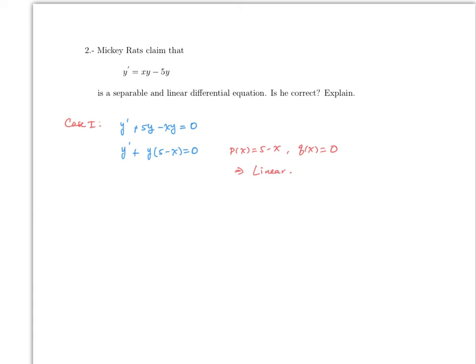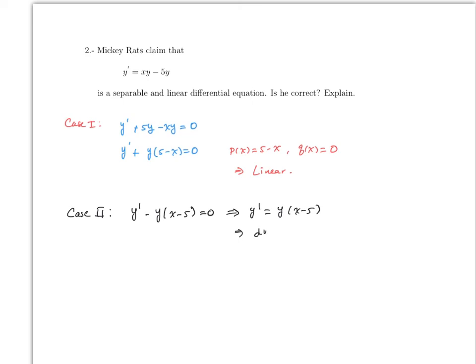Now, also from here, you can say case 2. If we rearrange, this is the same thing as, you can rewrite it like this. Hold on. It's the same thing as minus y, and this will be x minus 5 now, equals to 0. So this will be y prime equals y times x minus 5.